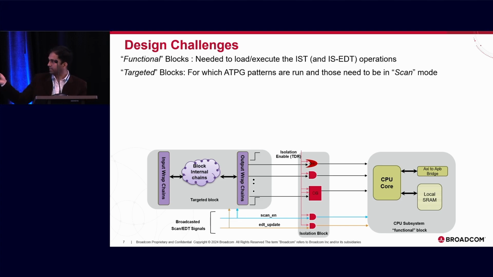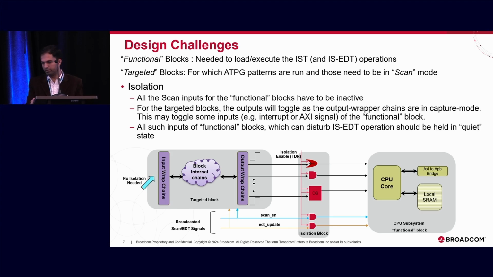Okay, so on the right-hand side, I'm showing the functional block, which is the CPU, let's say an AXI to APB bridge, whatever, NOC, or the arbitrator, whatever it is, right? I mean, the one which is absolutely needed to put the data on the IST. And then on the left-hand side is a targeted block. In between that, we have the isolation, okay?